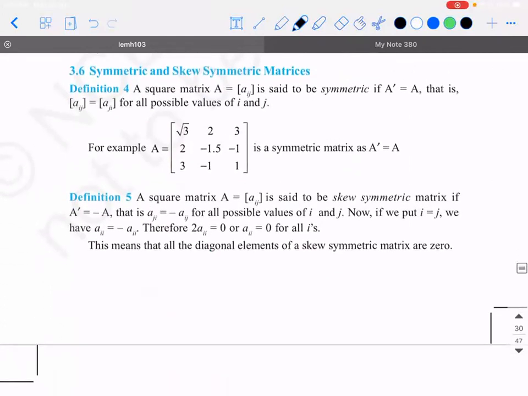So now you guys tell me, what do you mean by symmetric and skew symmetric matrices? Symmetric means the transpose will be equal. Skew means the negative of the transpose will be equal, sir.